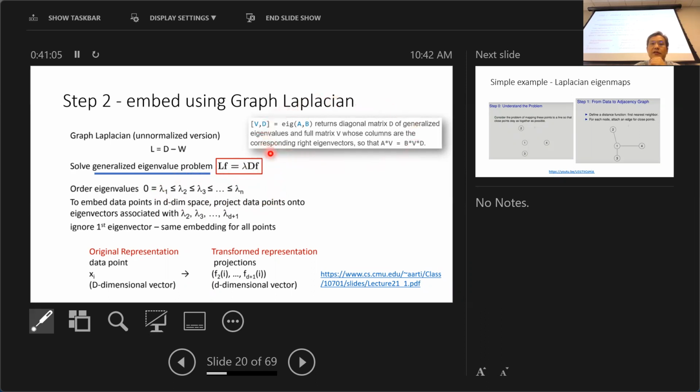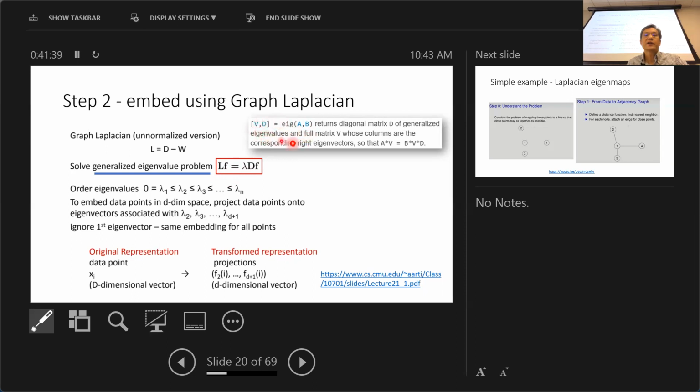Okay, so this small box inserted here is a screenshot of a MATLAB function which can take two matrices A and B. A and B in our example are L and D. This function will help you find V and D, where V is the eigenvectors and D is the eigenvalues.